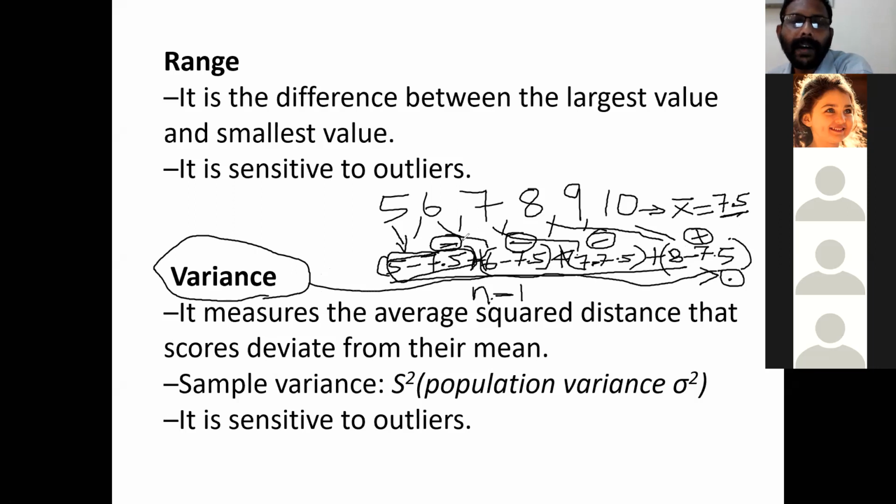Therefore, what we can do to avoid this, because I write it here, 5 minus 7.5. So this is the first data, and this becomes a minus value. To get rid of these pluses and minuses, what can we do?